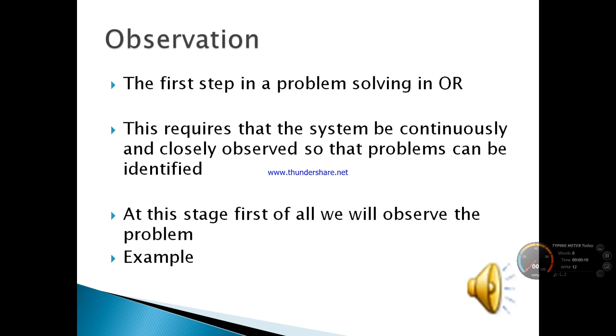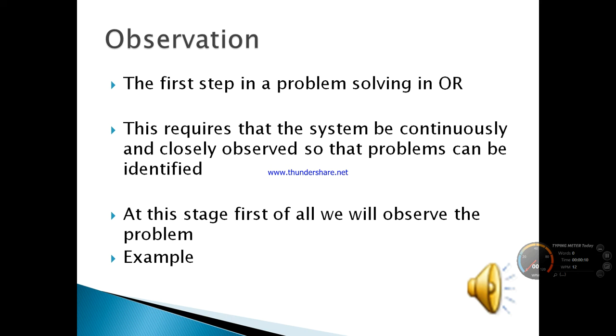It is the first step of OR process. This requires that the system be continuously and closely observed so that the problem can be identified. At this stage, first of all, we will observe the problem. For example, as I am a student of software engineering, I will give an example related to software engineering.